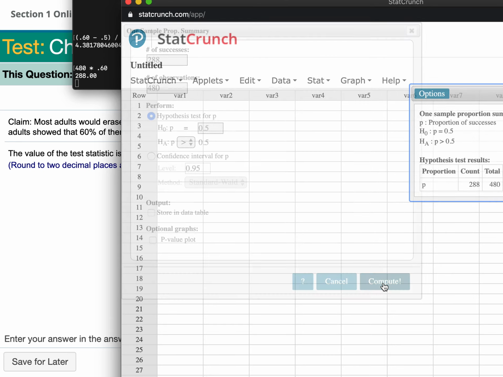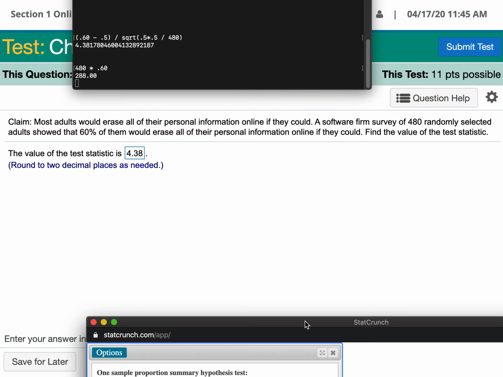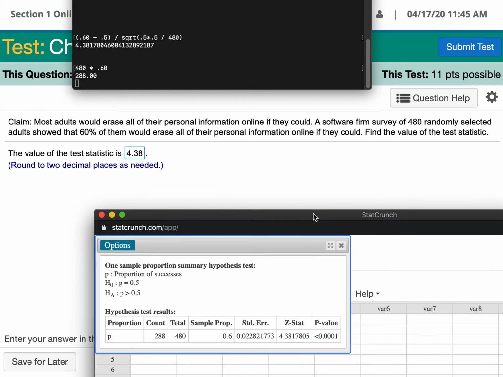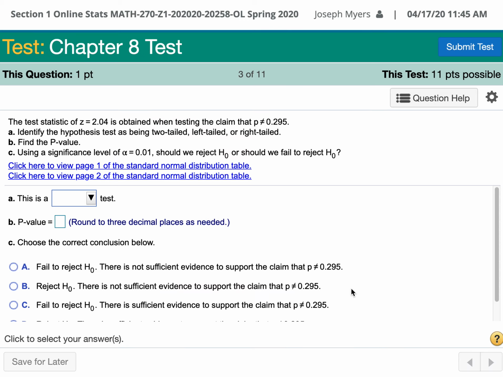If you click compute, it will find the Z statistic for you, 4.38, which is the same thing that we got. Of course, it's easier just to do it by hand in this problem.